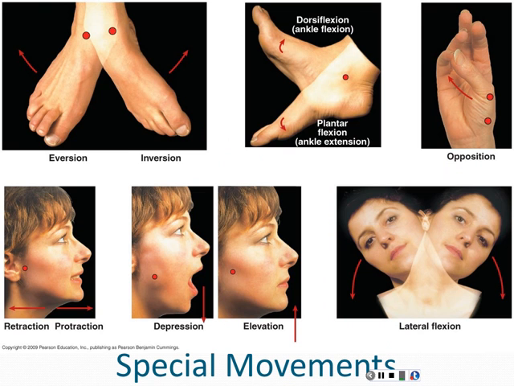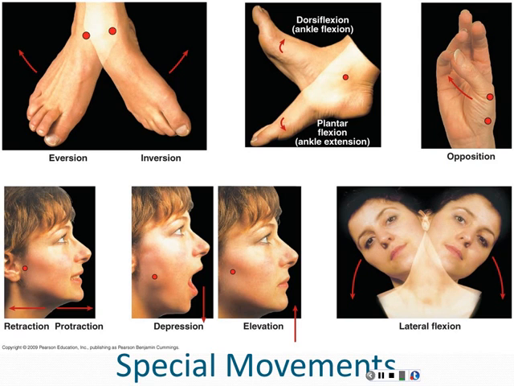All right. And then some special ones. The ankle, not only can the ankle plantar flex and dorsiflex, but it can also evert and invert. What we mean by that is you can point the sole of your foot off to the side laterally. That's an eversion, and an inversion is the opposite.